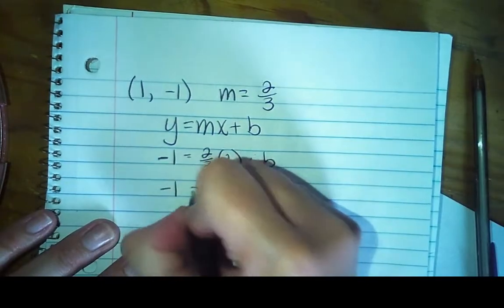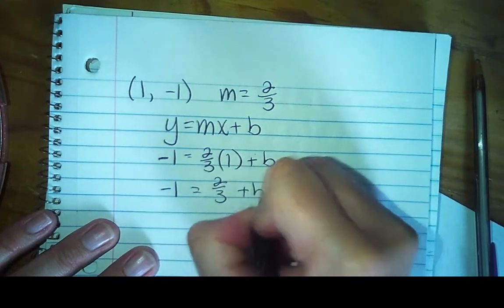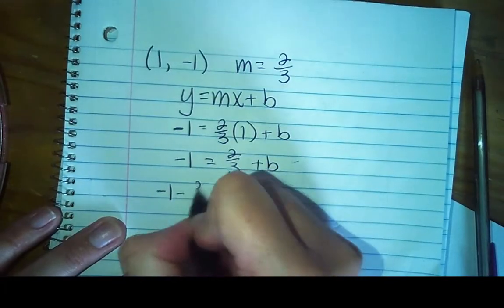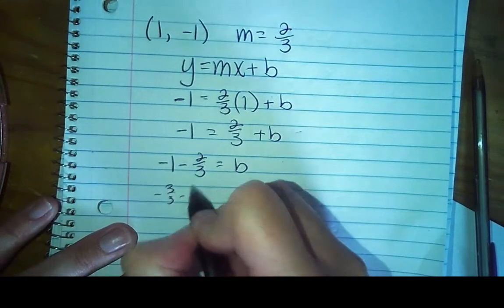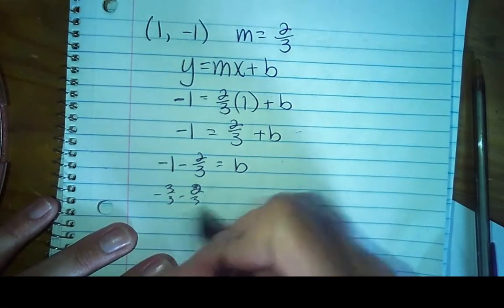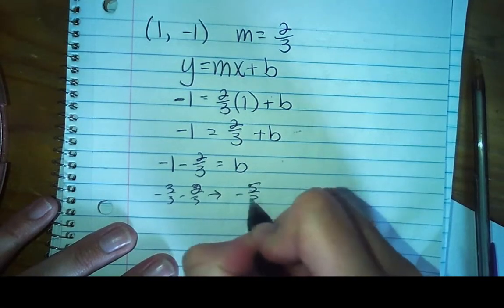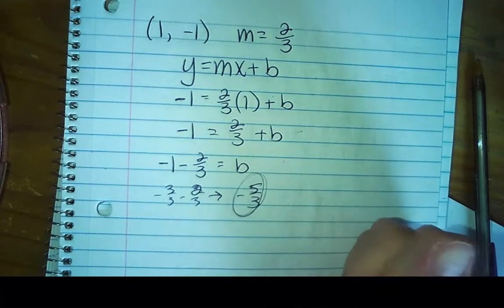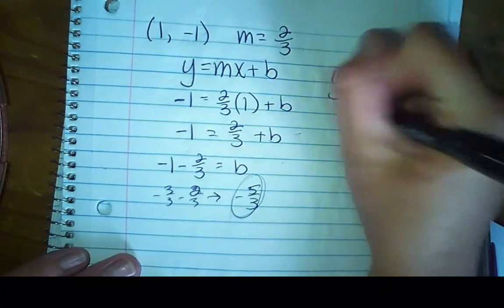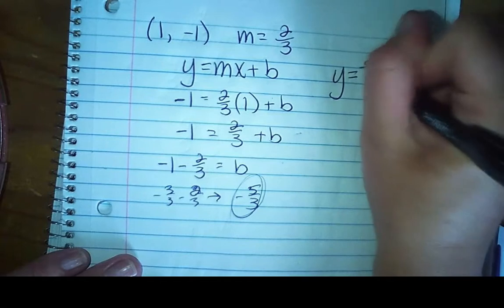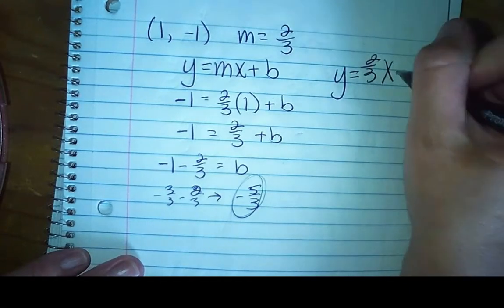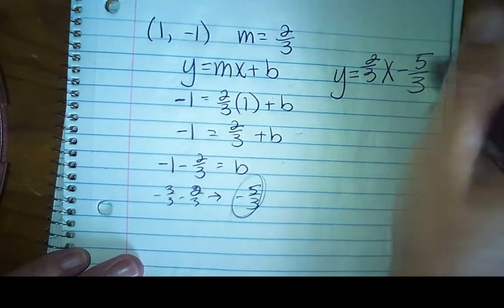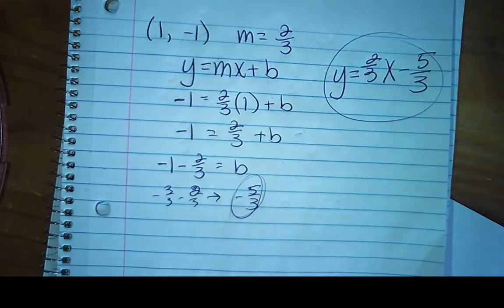So I've got a -1 equals 2/3 plus b. So a -1 minus 2/3 is going to be a -3/3 minus 2/3 is a -5/3. So your y-intercept is a -5/3. So you have a final answer of y equals 2/3 x minus 5/3. And that's the equation of your tangent line.